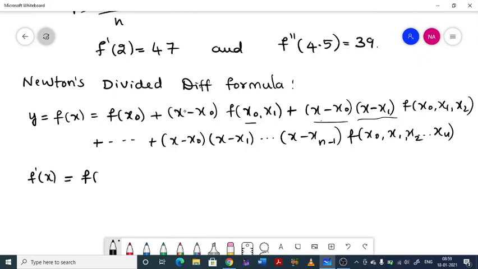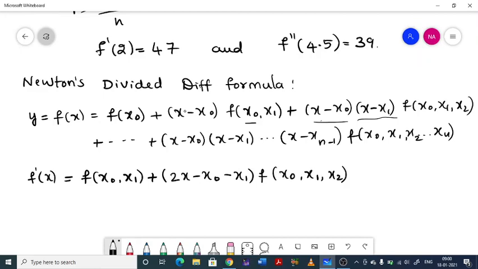You get f of x naught comma x1 plus 2x minus x naught minus x1 into f of x naught comma x1 comma x2.